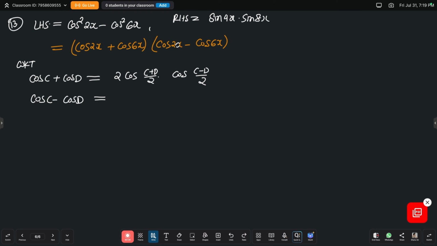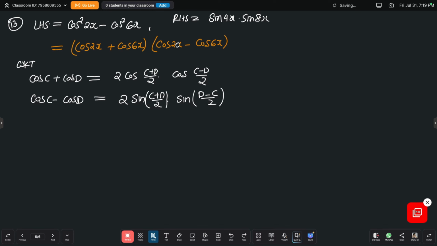Cos c minus cos d is 2 sin of (c plus d) by 2 into sin of (d minus c) by 2. If I am writing this, that is also correct, because there are two forms. If d minus c, then there is no negative sign. If the formula starts with negative 2, then c minus d.